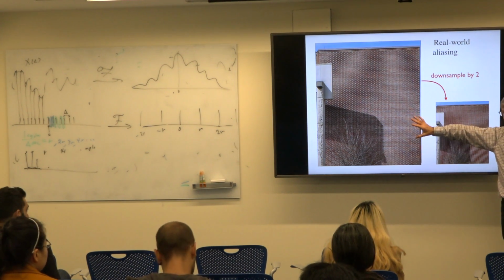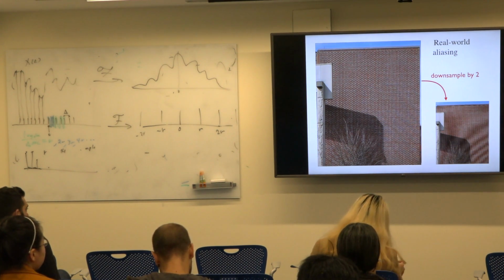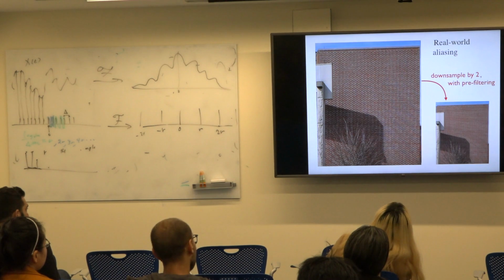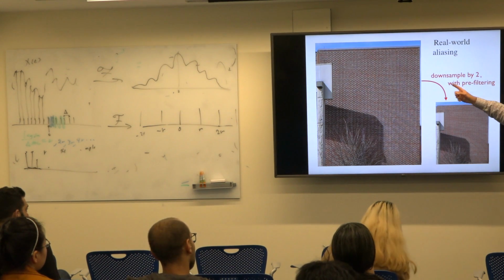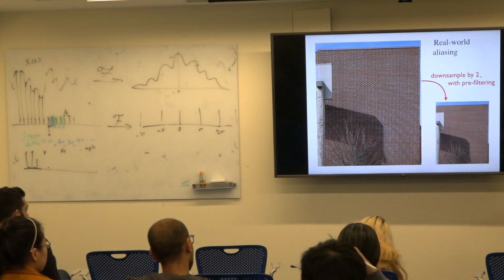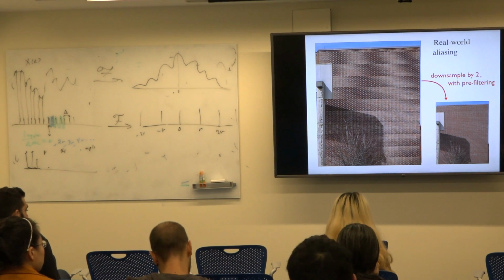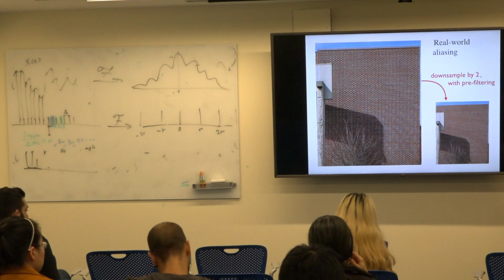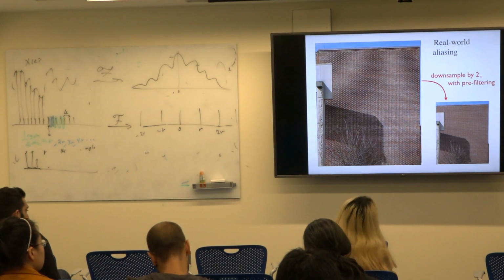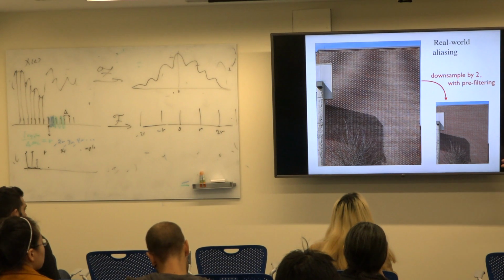So I blur this ever so slightly, then do the every other pixel thing. Then when you do that, they go away. Okay? So this is pre-filter and then downsample. Downsampling being take every other pixel. That's downsampling by a factor of 2 in x and y, a factor of 4 in the total amount of data you have.